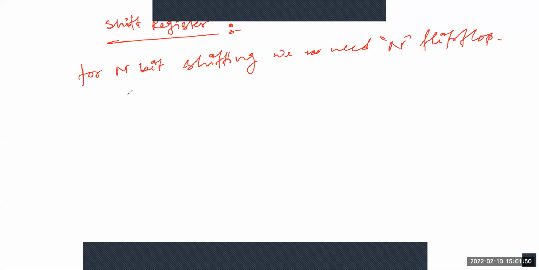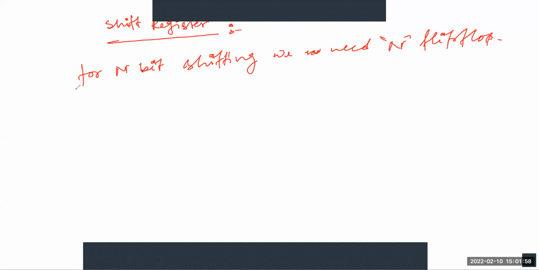In short, I am writing here: SISO, serial in, serial out. Next is SIPO, serial in, parallel out. Next is PISO, parallel in, serial out, and the last one is PIPO, parallel in, parallel out. So these are the 4 shift registers.